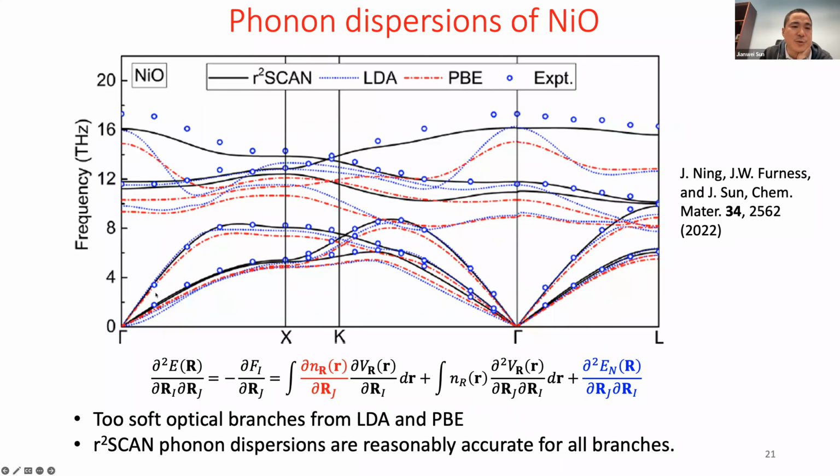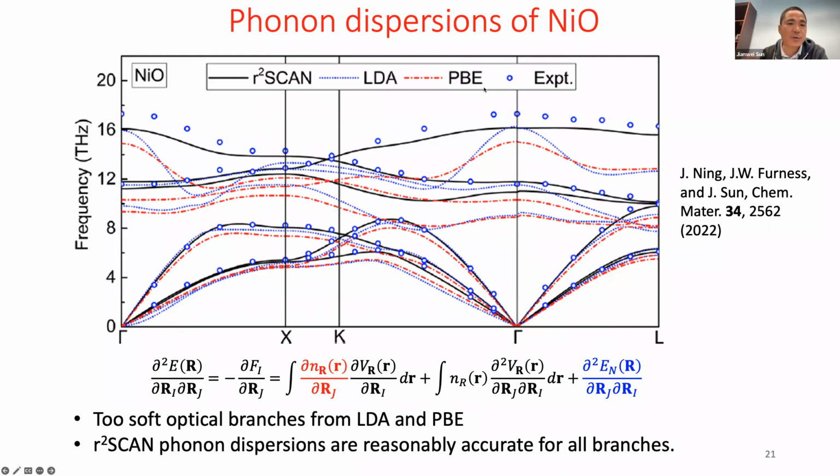So you can see that LDA and PBE give you too soft a dispersion. The blue dotted line is LSDA, and PBE is the red line. It's too soft for the optical branches, but r2SCAN, which is just a revised version of SCAN for better numerical stability that I mentioned earlier, is quite good in comparison with LDA and PBE.